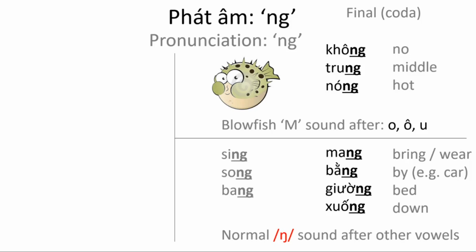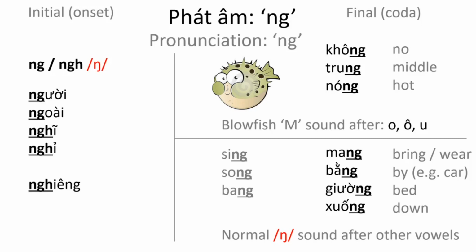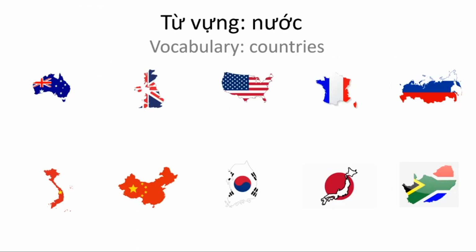Now, looking at the initial sound or onset, this can be written either as NG or NGH, but the pronunciation's the same. These are the words we looked at before and the English meaning. For a bit of trivia, I threw in nghiêng at the bottom, which is in fact the longest word or syllable in Vietnamese at 7 letters and means to lean.